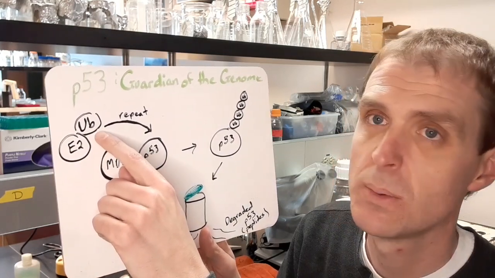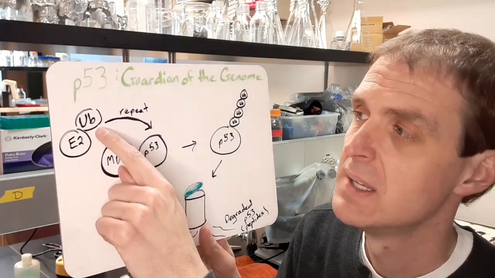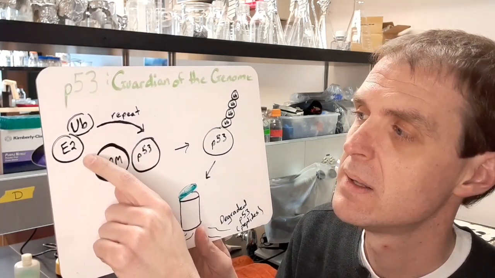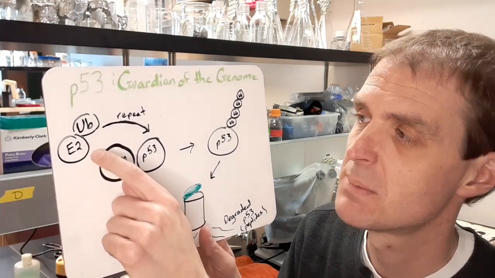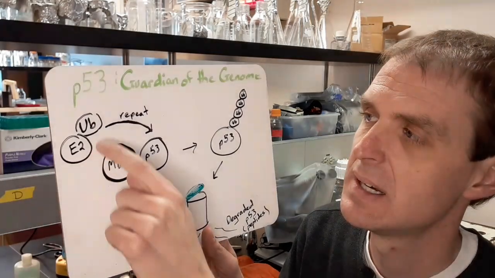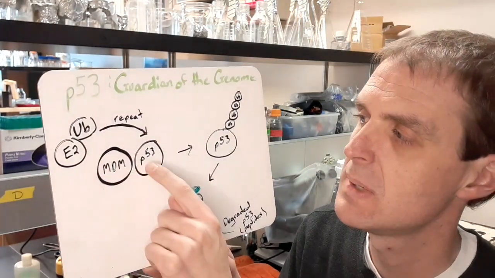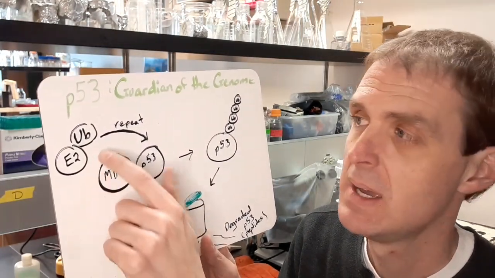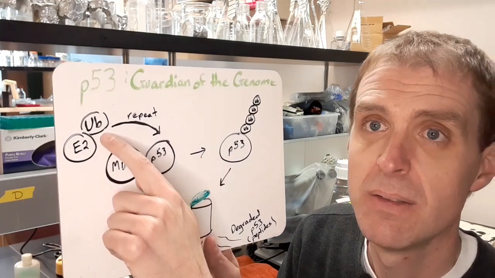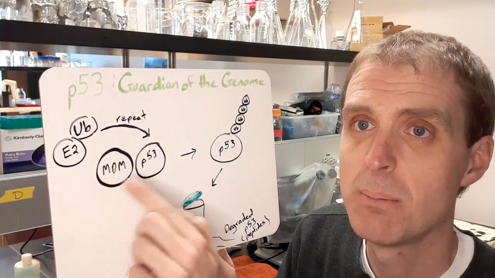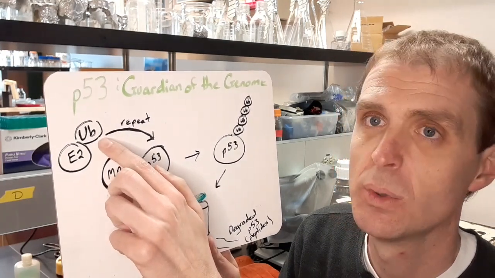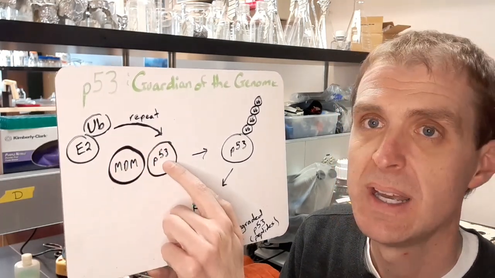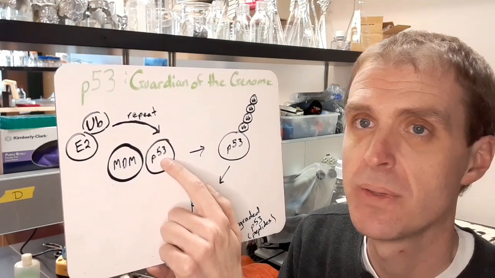And E2 would have a ubiquitin stuck to it, and the MDM protein is going to basically act as a bridge to connect to E2 and p53 at the same time, and the net result of that bridge by MDM is that ubiquitin will get transferred over and covalently bound to the target protein.